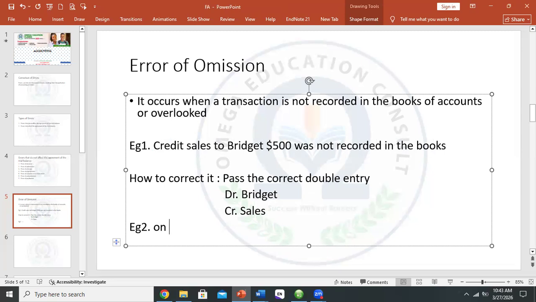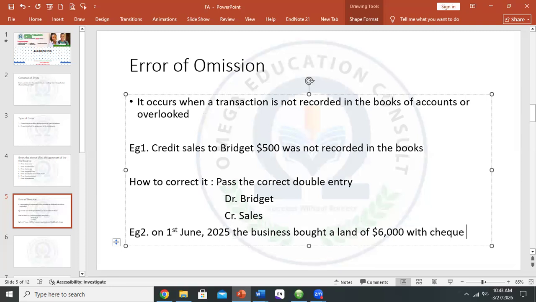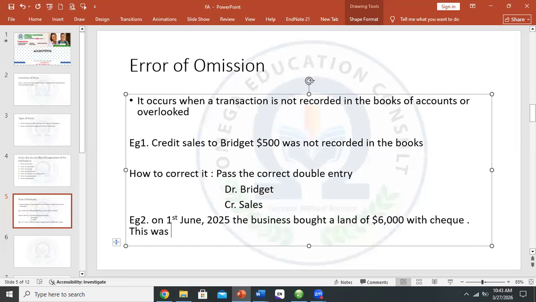On 1st June 2025, the business bought a land of $6,000 with check. This was not recorded in the books. Okay, so I've given another example. On 1st June 2025, the business bought a land of $6,000 with check. This was not recorded in the book.